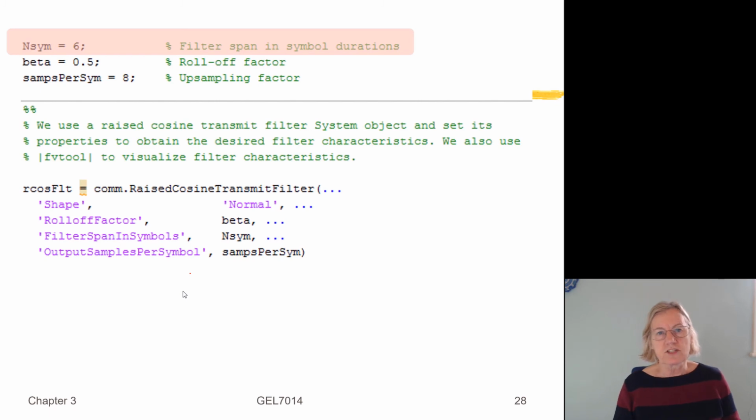And we can choose after how many side lobes we would like to truncate it. So in this case, this is a filter with 6 symbol durations for the pulse.